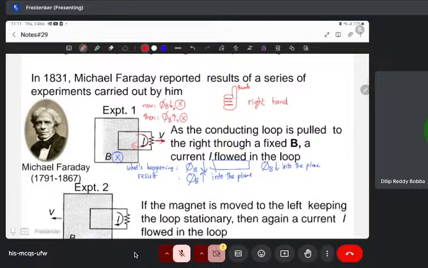So what does this mean? Thumb will point in the into the plane direction. Then you rotate your fingers, and rotating fingers will give you the direction of the induced current.